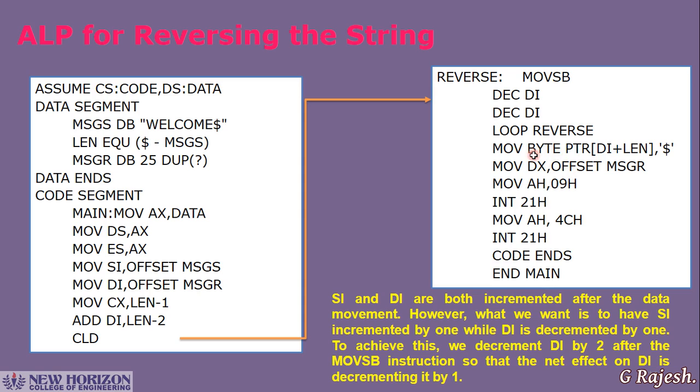an assembler directive called BYTE PTR. So what this BYTE PTR will do is, whichever address we want to go to, virtually we are going to this location, and we can put some data into that location without actually changing that location, which is accessed by any register. Okay, so this DI is pointing to which location?